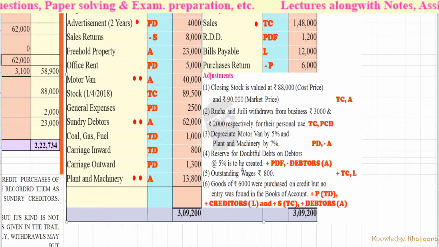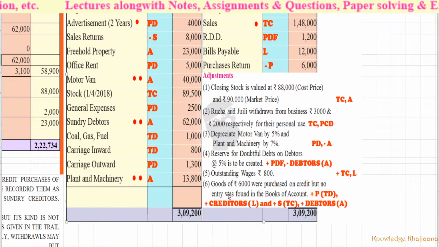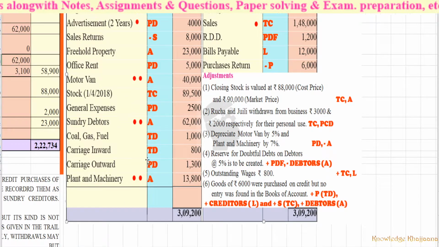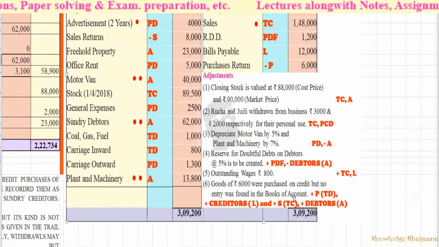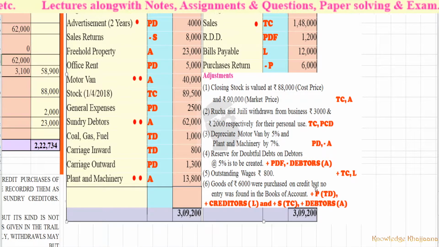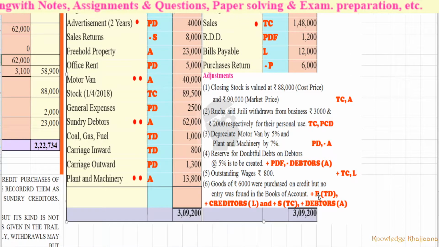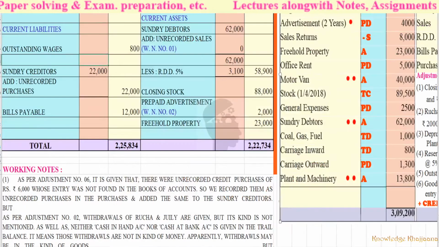Then goods of rupees 6000 were purchased on credit, but no entry was found in the books of account. So 4 entries, 4 recordings should be done for this adjustment. 6000 purchases were on credit which we had forgotten. So we have to add that much purchase to the trading account debit side first.